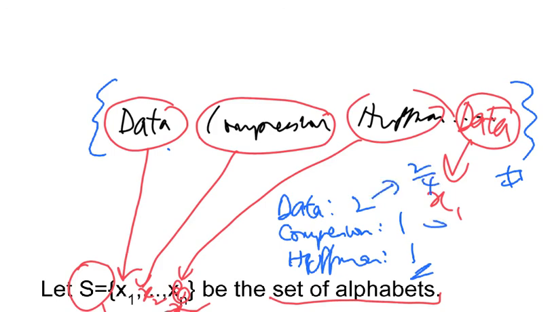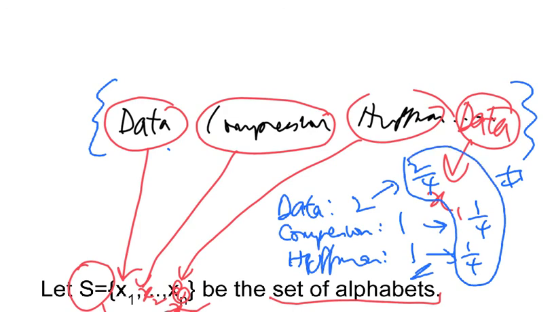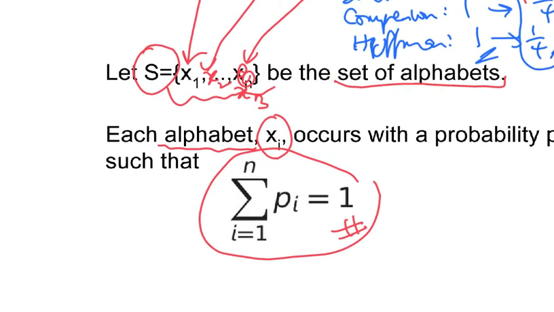Compression is 1 out of 4. This is basic probability, right? Huffmann is 1 over 4. Looking at all these probabilities, the sum equals 1. 2 over 4 plus 1 over 4 equals 3 over 4. 3 over 4 plus 1 over 4 equals 4 over 4 equals 1. So that's what this particular statement is saying.